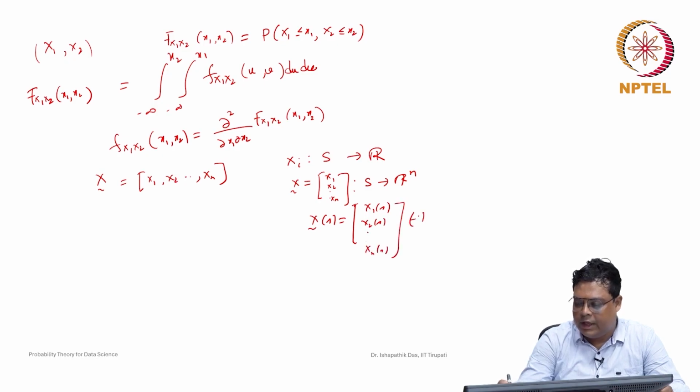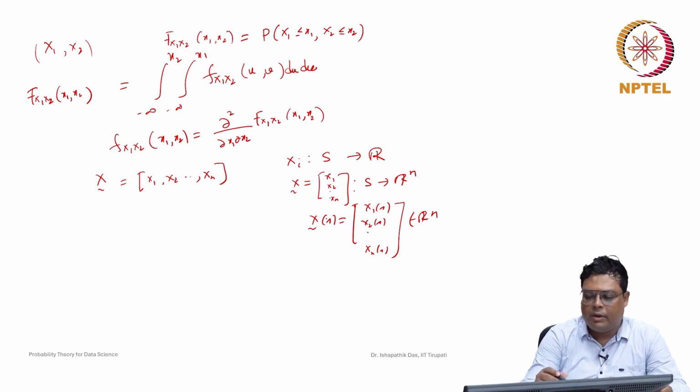This is an element in Rn. Whenever all these random variables are continuous, this random vector is known as a multivariate continuous random variable, and for it we assume that there is a function.